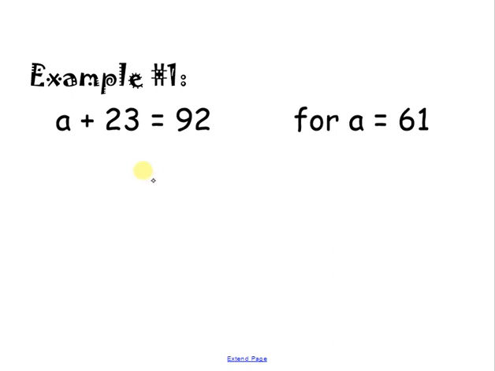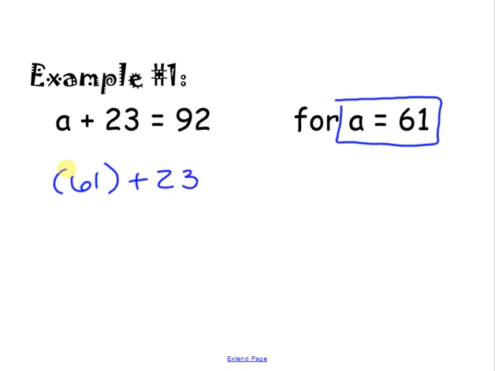So here we have example number 1. We have A plus 23 equals 92, and it's telling us that A equals 61. So just like when we evaluated expressions, we're going to put the 61 in for A: 61 plus 23 equals 92.